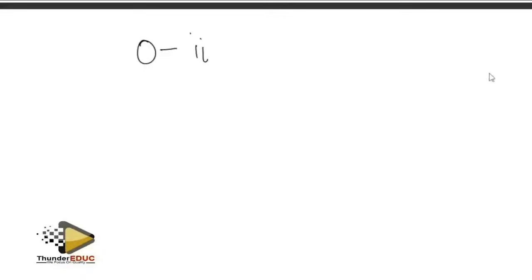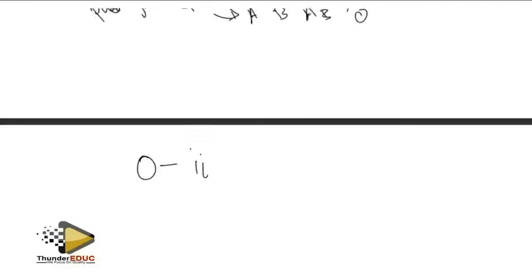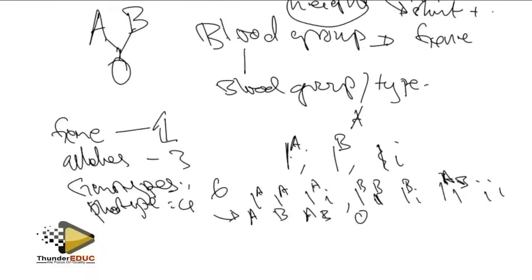Before I go there, let me show you a mistake that you make, and we don't mark it, however much you love it. Some people write blood group like this, A, with a dotted i. This is not i. Don't write i like this.